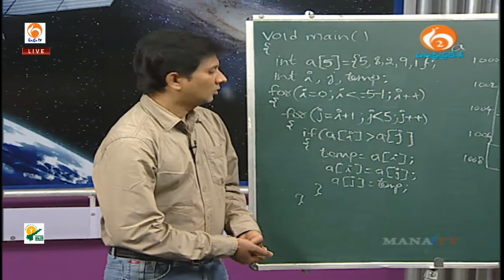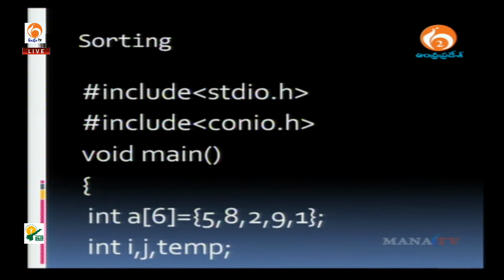So, just see the slides as well as the board, where I have also written the code. So, #include <stdio.h>, this is in view of printf and scanf. Next, #include <conio.h>, this is in view of the clrscr function and getch function.